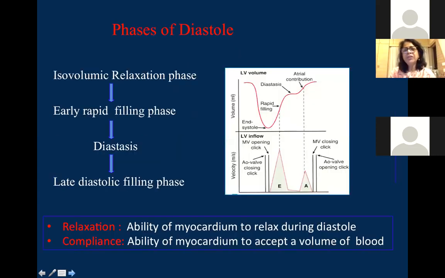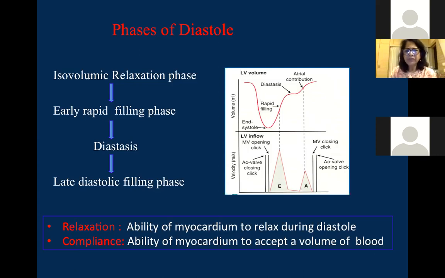Now, if we look at the phases of diastole, which is very much essential to understand the hemodynamic changes in the heart in diastolic dysfunction, the diastole starts with the isovolumic relaxation phase, where there is active myocardial relaxation and elastic recoil due to removal of calcium ion from troponin C, as a result of which the pressure of the ventricle goes down.